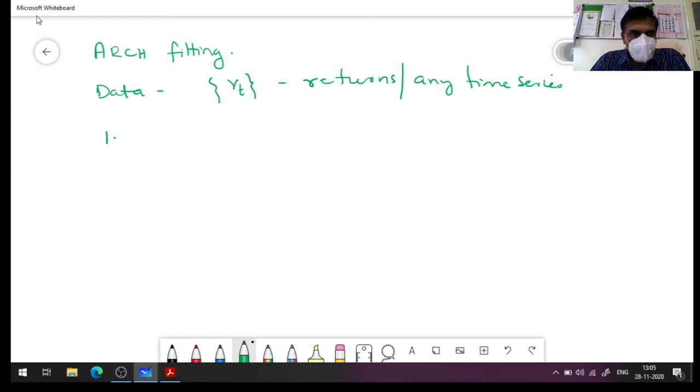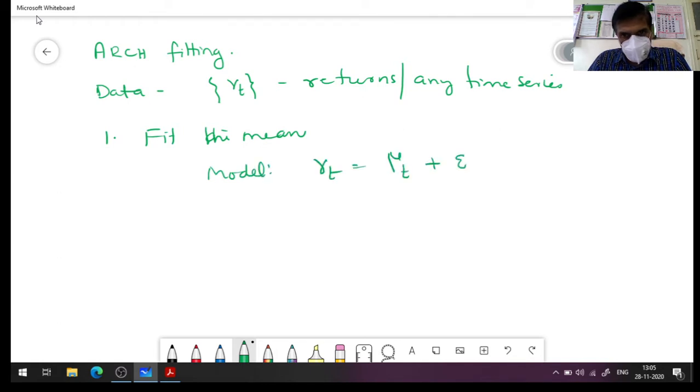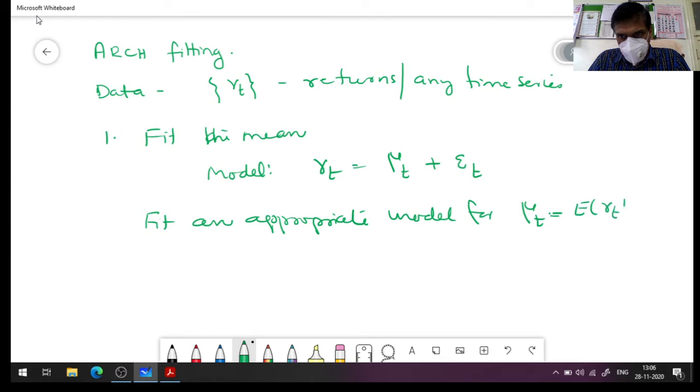The first step is that I would like to fit the mean, in the sense that I'll assume that you have the model RT equal to mu t plus epsilon t. So I want to fit an appropriate model for mu t, which is equal to the expected value of RT given F t minus 1, assuming that you have data up to t minus 1.